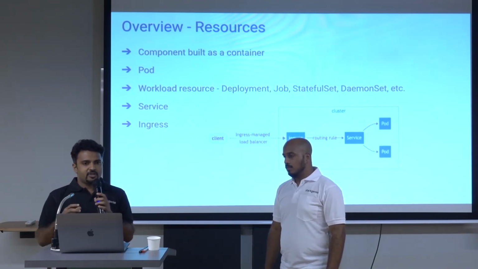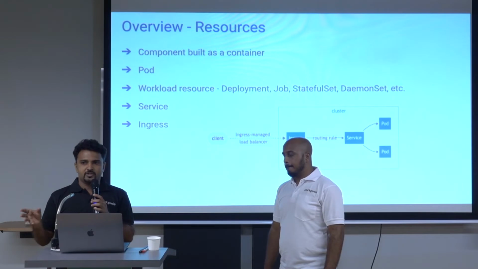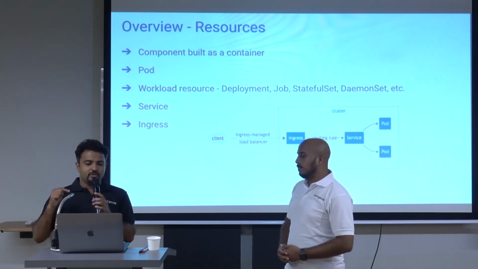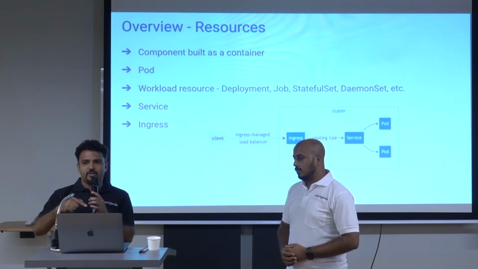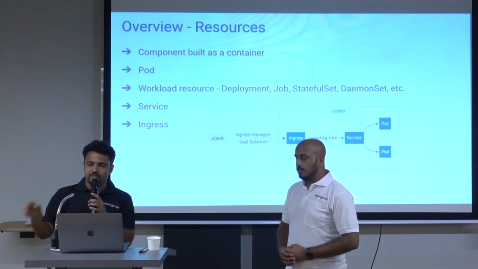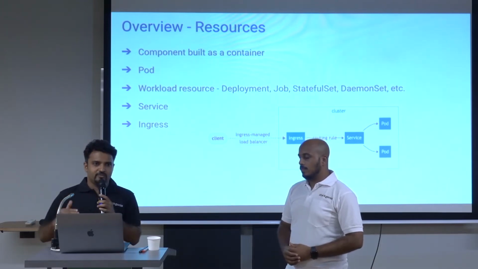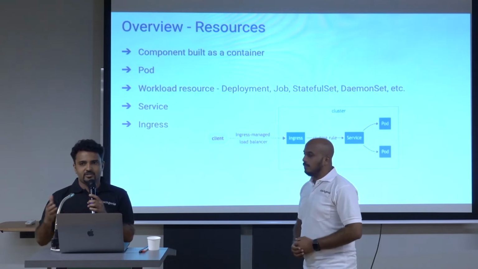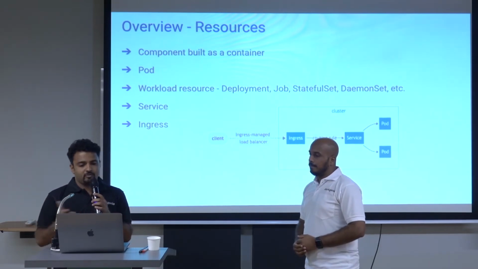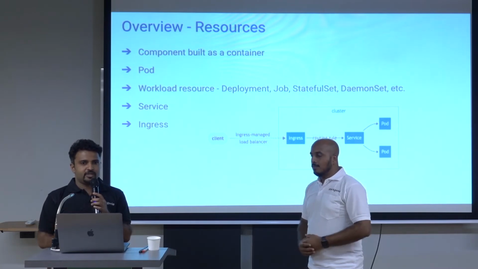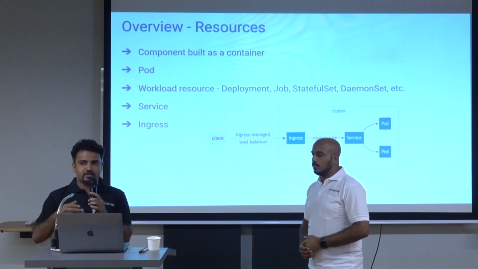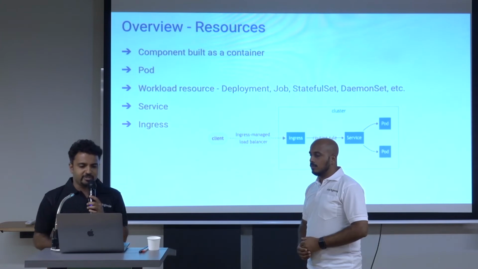A service groups a set of pods based on the functionality it exposes. So instead of calling a pod directly, we can define a service and then invoke that service, which will eventually route our calls to the right pods required. Depending on the replicas, you can have multiple pods started, right? So the service will ensure that the call gets load balanced and routed to one of the pods that implement the service.